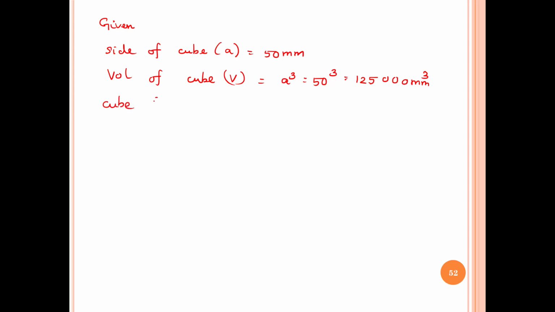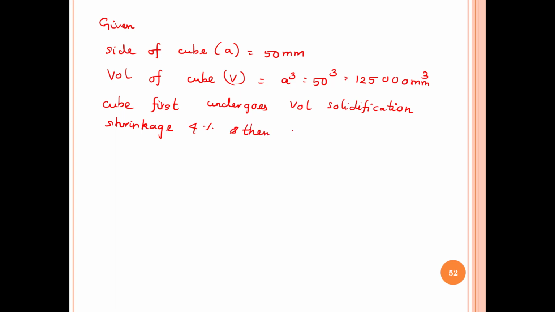Okay, so the cube first undergoes volumetric solidification shrinkage, that is 4%, and then it undergoes volumetric solid contraction of 6%.